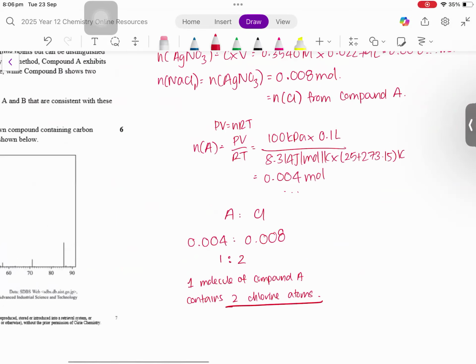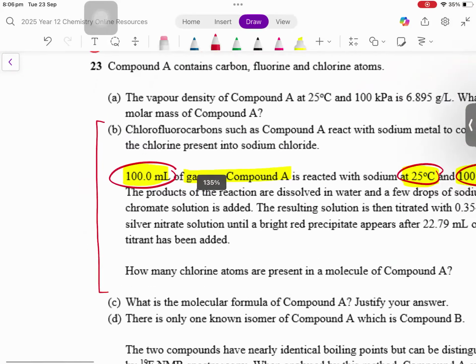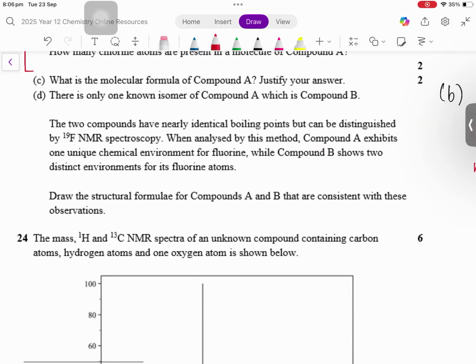Part D. There is only one known isomer of compound A, which is compound B. The two compounds have nearly identical boiling points, but can be distinguished by 19F NMR spectroscopy.